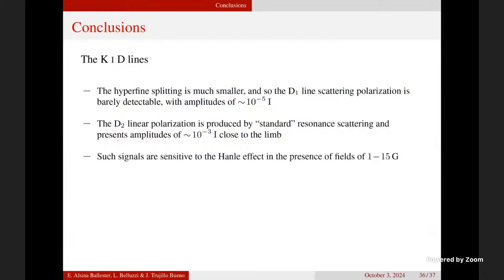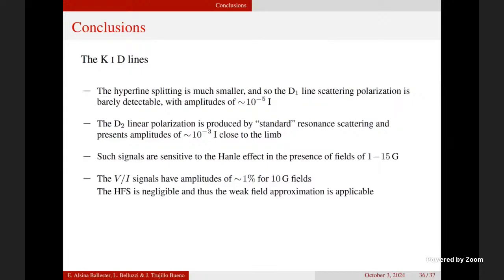These signals are sensitive to the Hanle effect in the presence of magnetic fields of 1 to 15 Gauss. And their circular polarizations have amplitudes of somewhat more than 1% in the presence of 10 Gauss longitudinal fields. The hyperfine structure is negligible, and the weak field approximation is readily applicable.